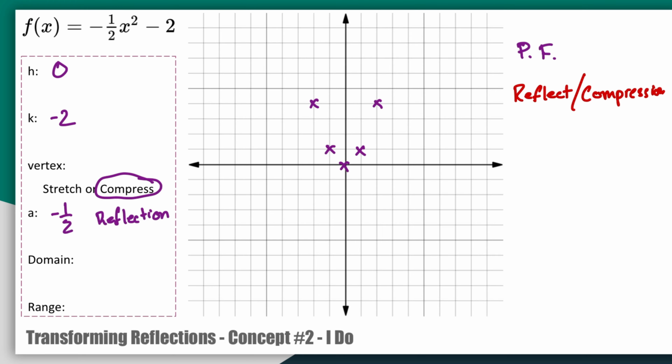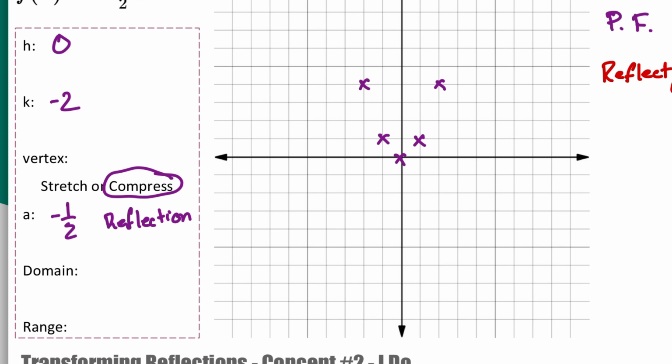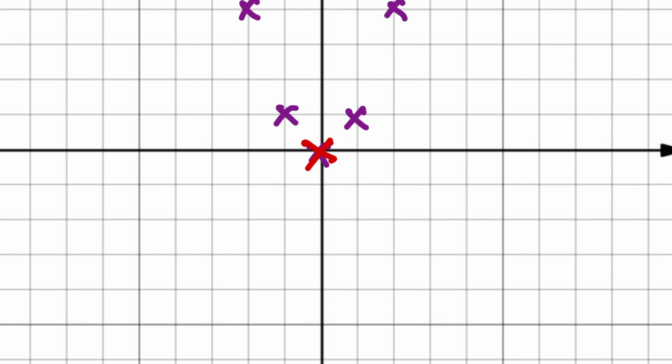Okay, so 0, which is our y value for the vertex, times -1/2 is just 0. Now here, when I take these values, which are at +1, if I multiply them just by +1/2, I get 0.5. But if I multiply it by -1/2, I get -0.5.